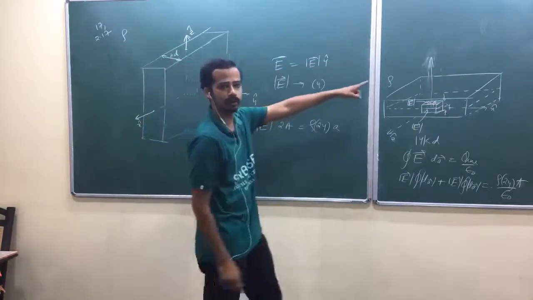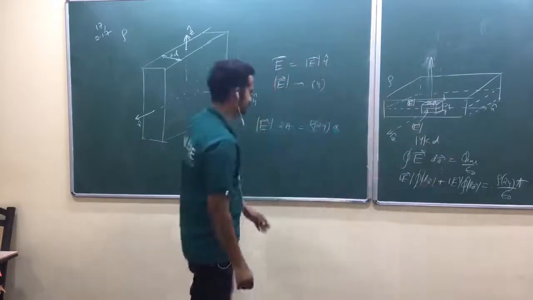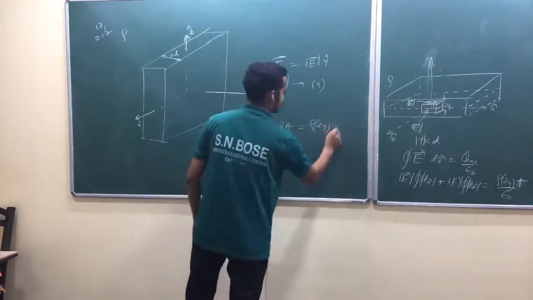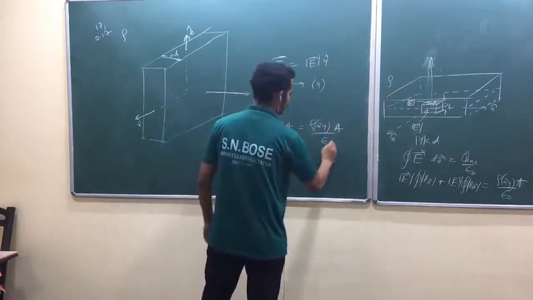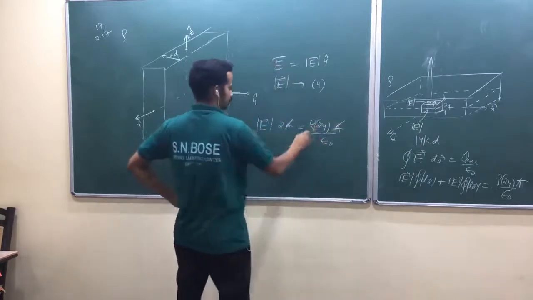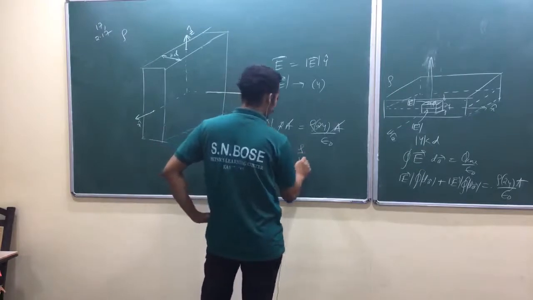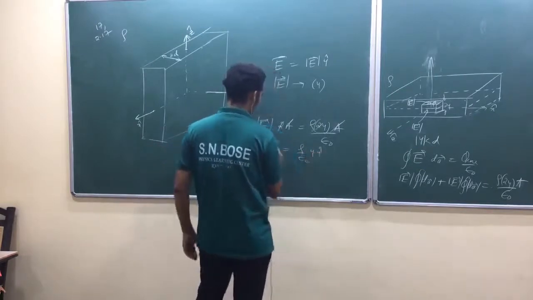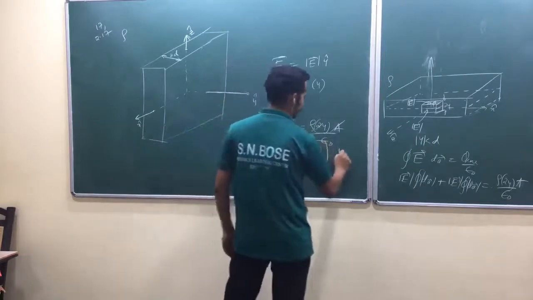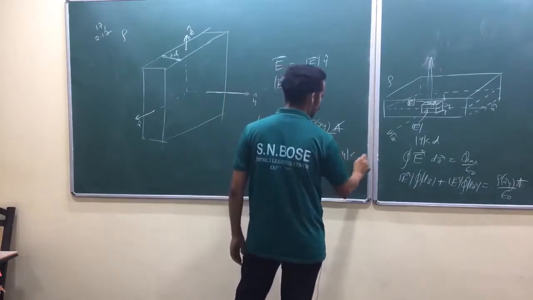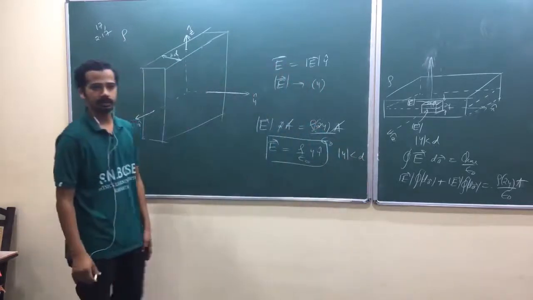Rho is constant, you don't have to worry about this. So again, area divided by epsilon naught. So 2 got cancelled. The electric field will be rho by epsilon naught Y cap, when mod Y is less than D. Mod Y is less than D means minus D to plus D.